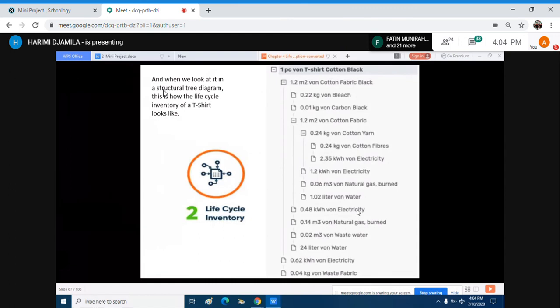The electricity that you will be using, the amount of water, the amount of wasted fabric, etc. So I had the environmental inputs and outputs of a product. Probably you will not be using all of the materials. Probably some will be just wasted. It's essentially the data collection. It's very important.